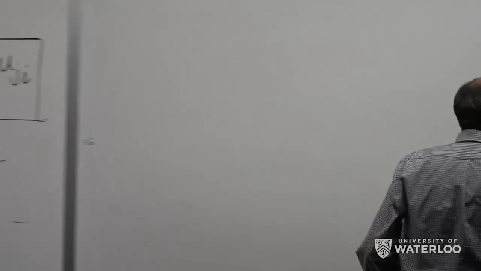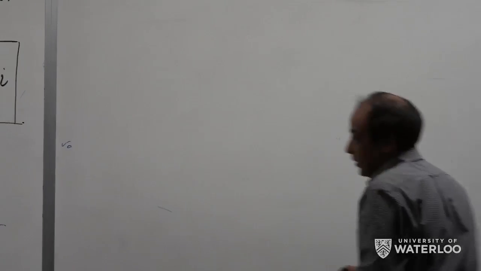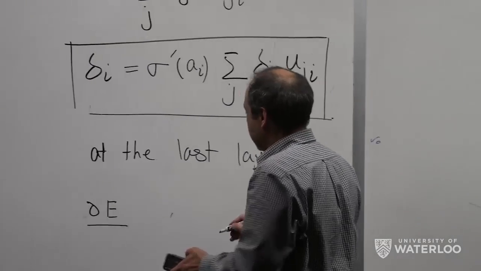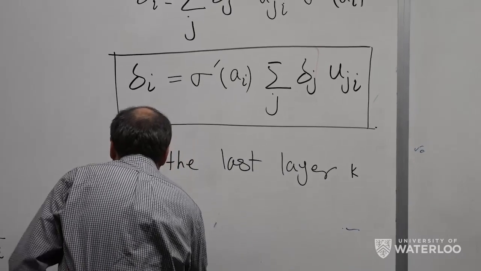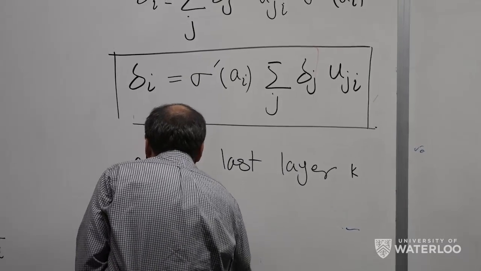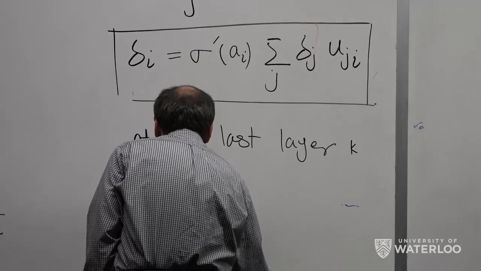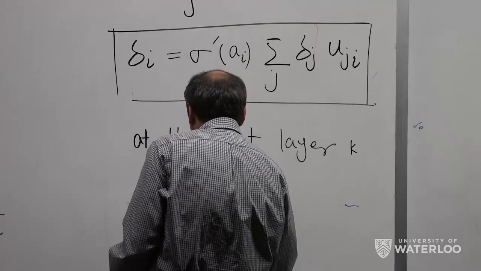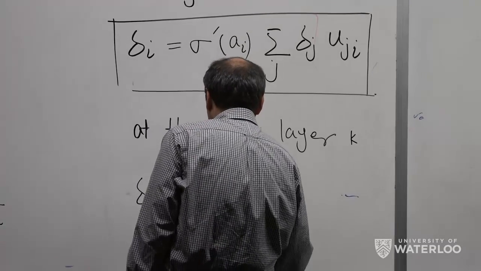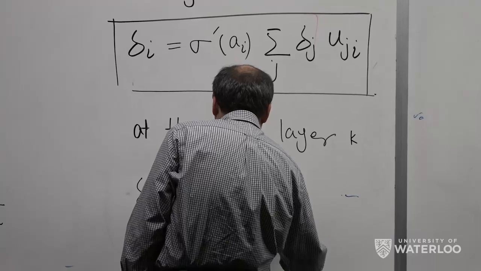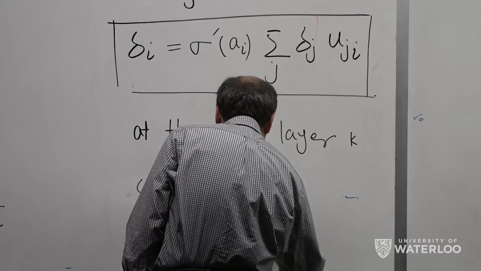So if the last layer is K, then delta K would be derivative of E with respect to AK, which is basically derivative of E with respect to y hat.